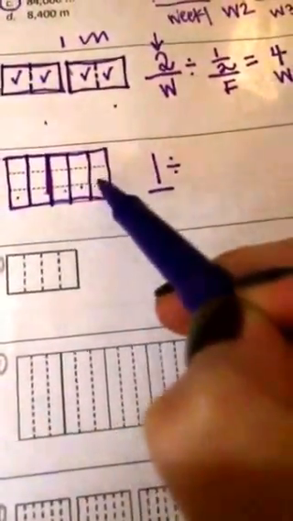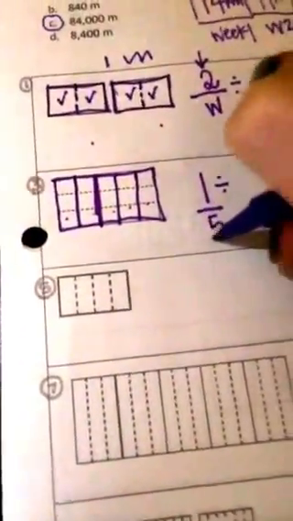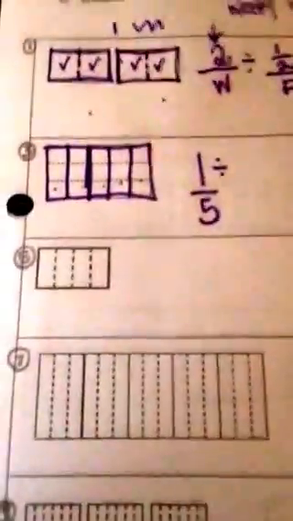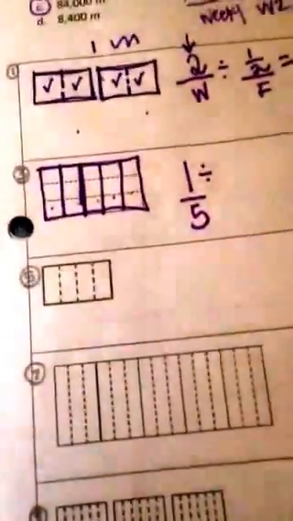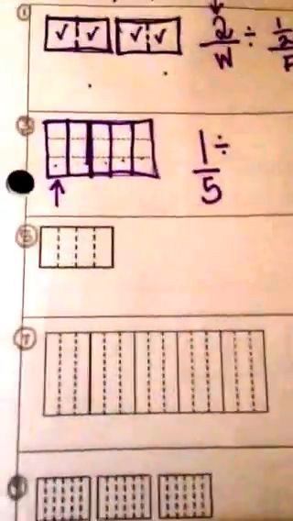Your 1 whole was split into 1, 2, 3, 4 fifths. So your first number is going to be a fraction, 1/5. And we're now going to draw an arrow to our 1/5 because we're focused on that 1/5.